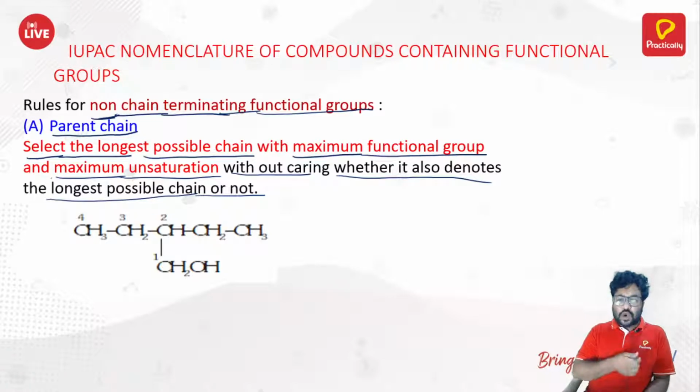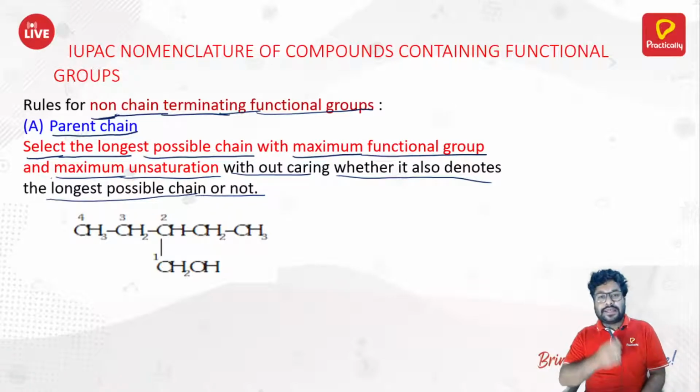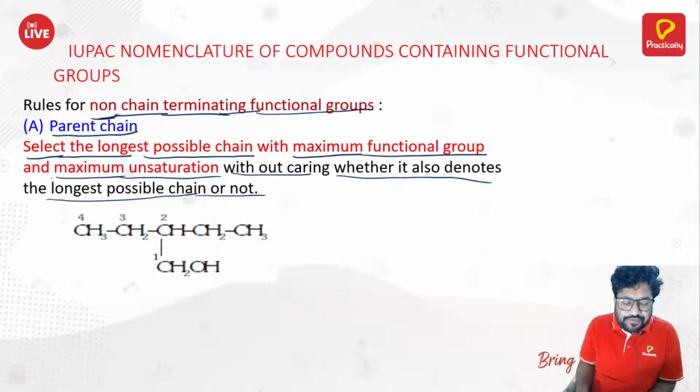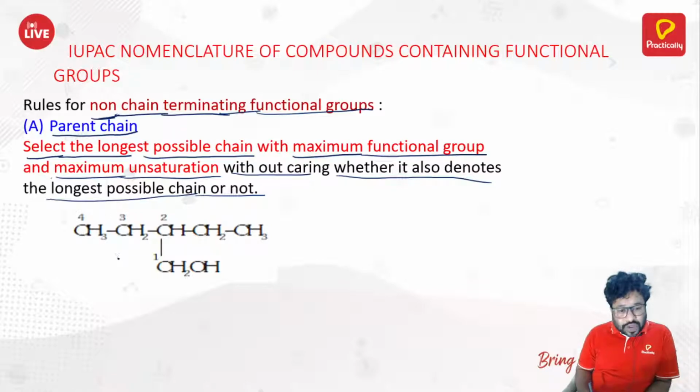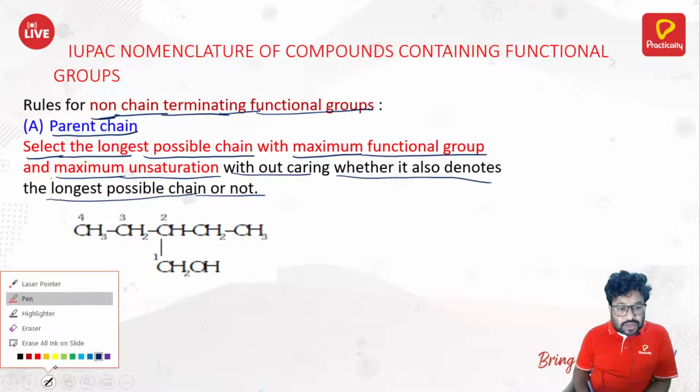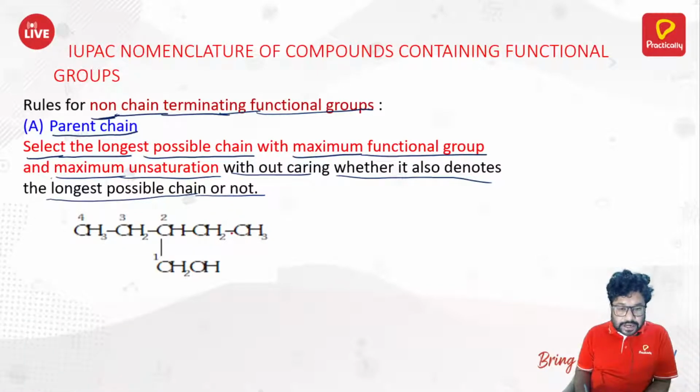Now, while doing so, you might select the longest possible chain, or sometimes you may not. But you can't help it. You just need to ignore it for the sake of your functional group. Now let's look at this compound. I do the counting in red color.